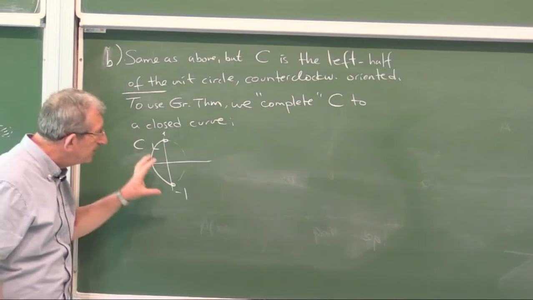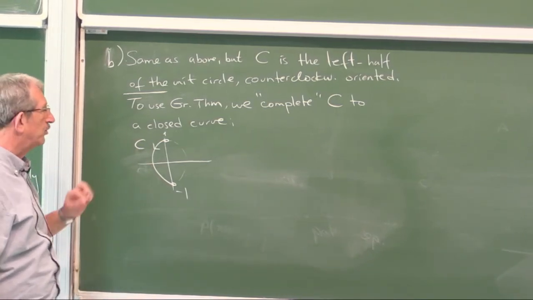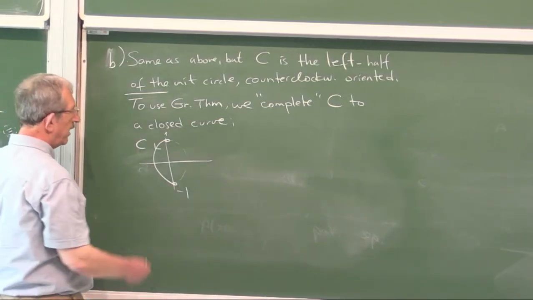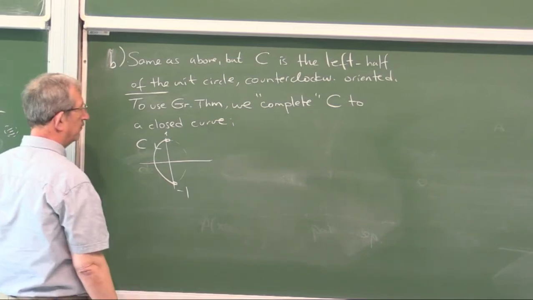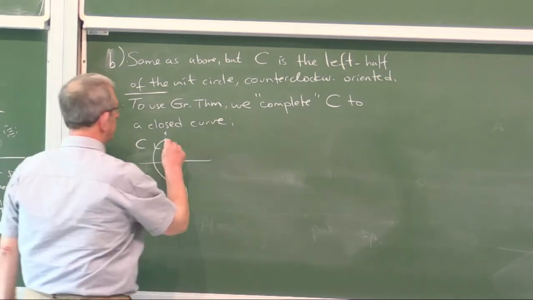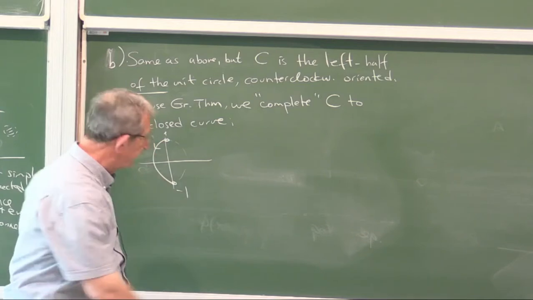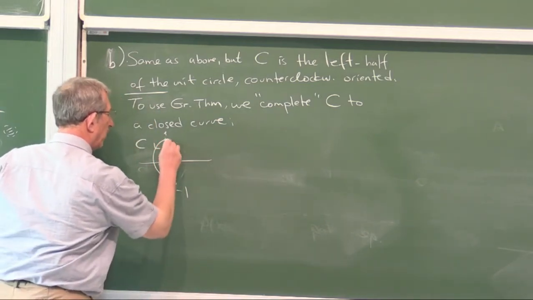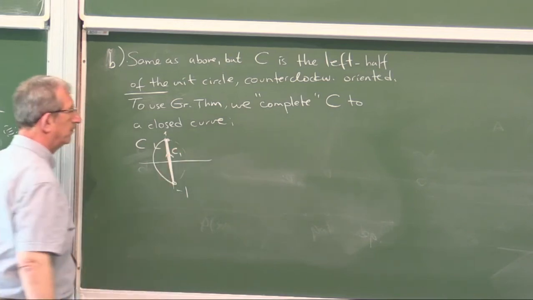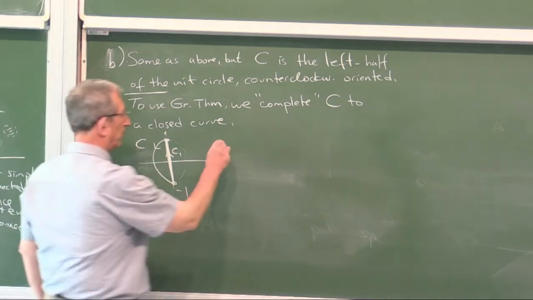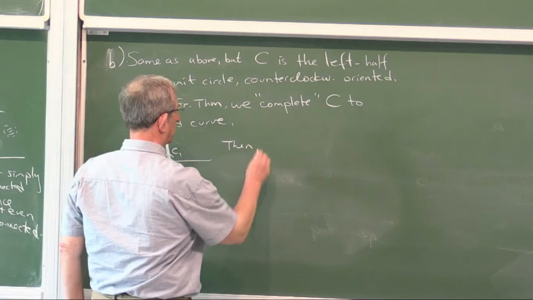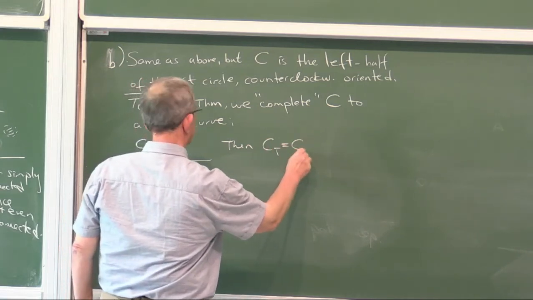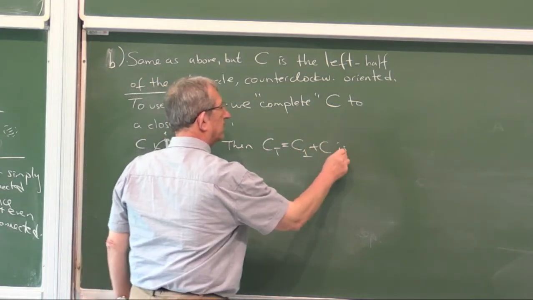So completing this to a closed curve, maybe the logical way is to use a straight segment C1. Then, of course, C total, which is C1 plus C, is closed.